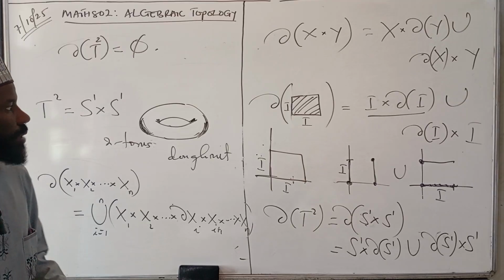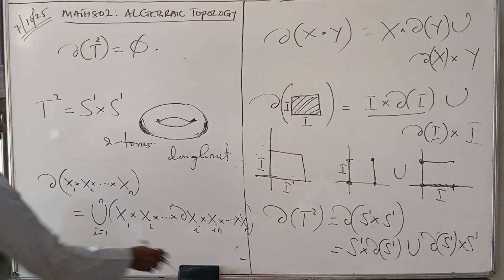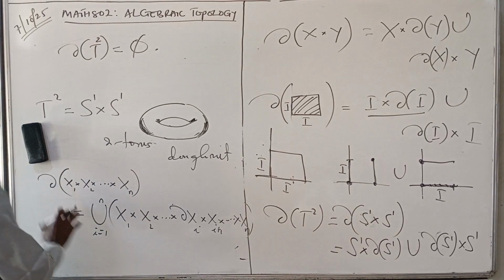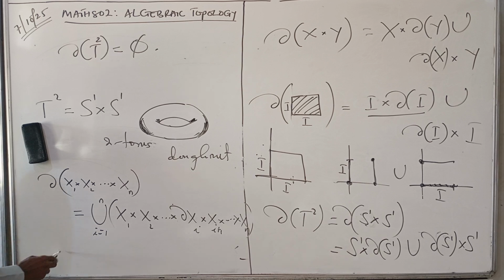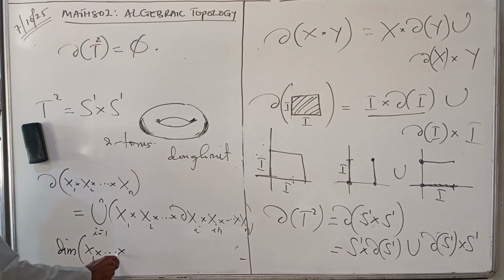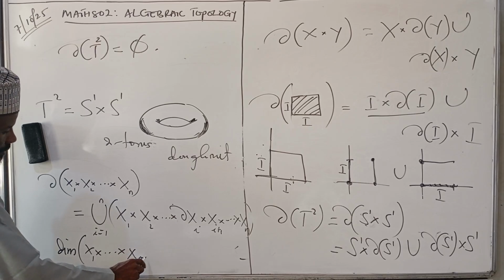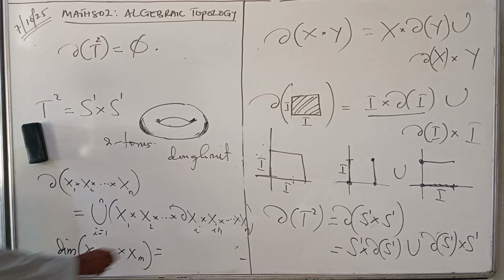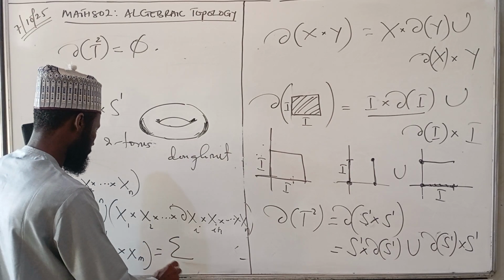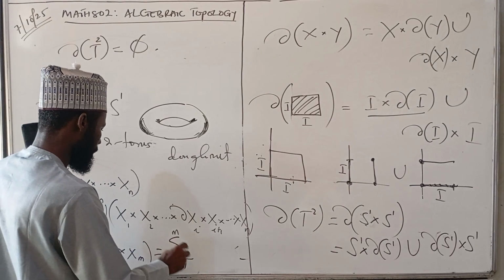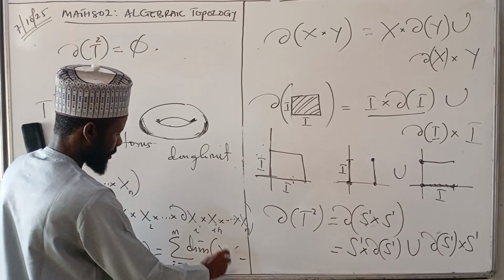But how about dimension? If I take m spaces, the dimension of the product x1, x2, up to xm will always be the sum of the dimensions, the sum from i equal to 1 to m of the dimension of xi.